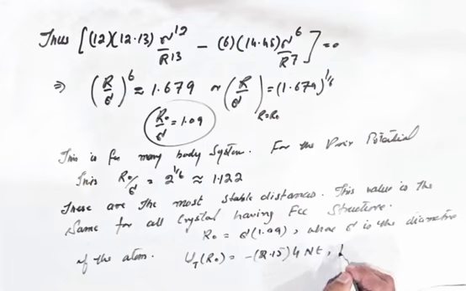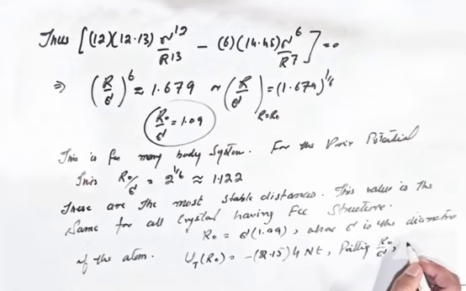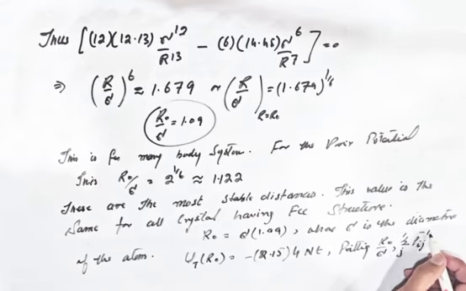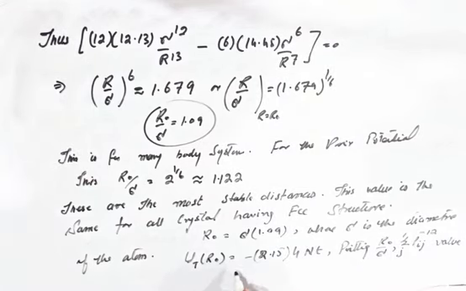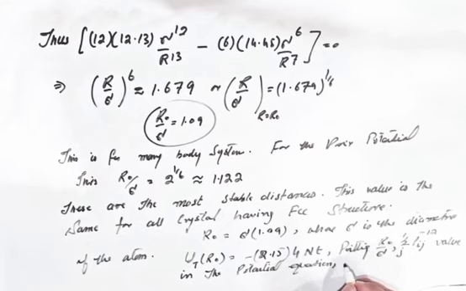This can be obtained by putting the R naught by sigma and A12 value in the potential equation, meaning in equation number 4.